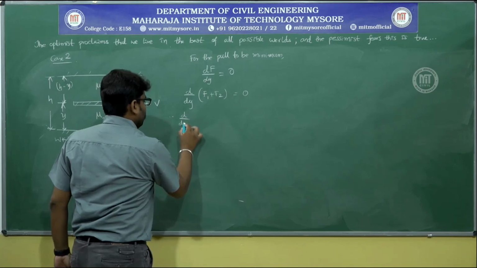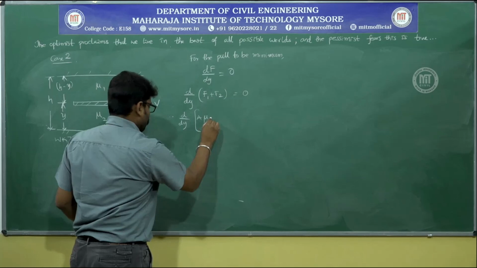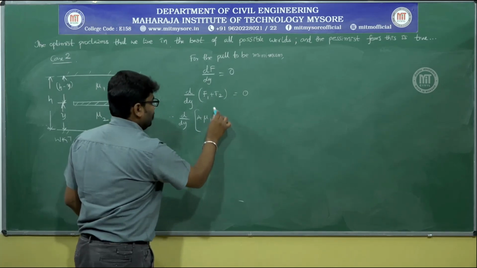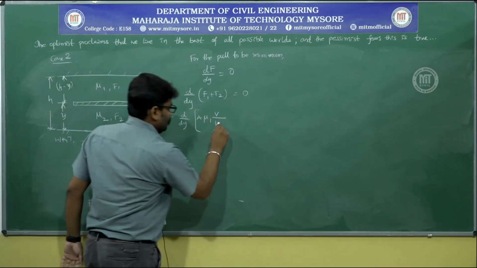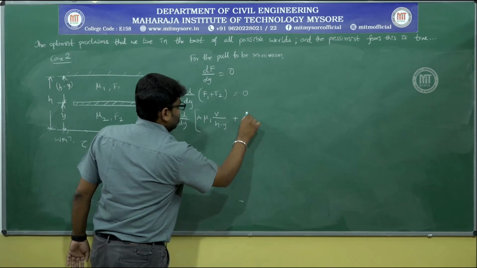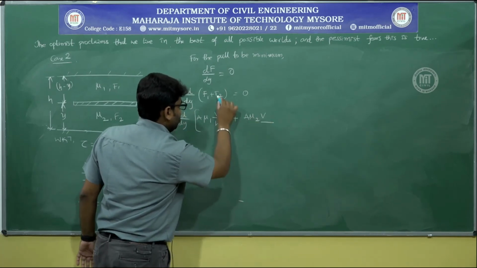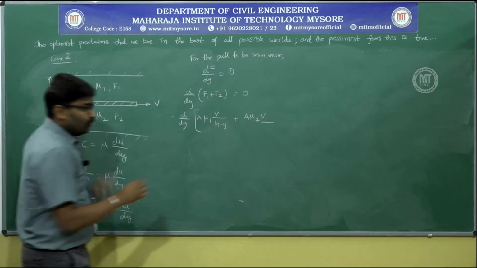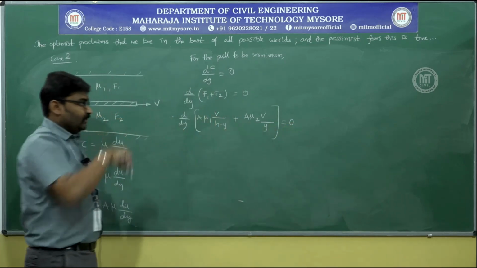Therefore, d by dy of F1 is mu1 into V by dy, in case what is dy? F1 dy is h minus y, plus A mu2 V divided by, in case of F2, what is the dy? It is nothing but y. This must be equal to 0.